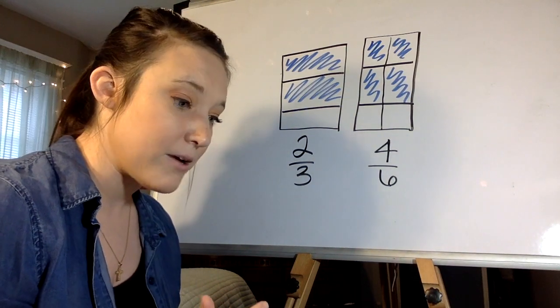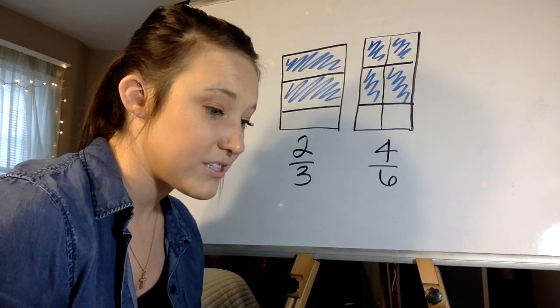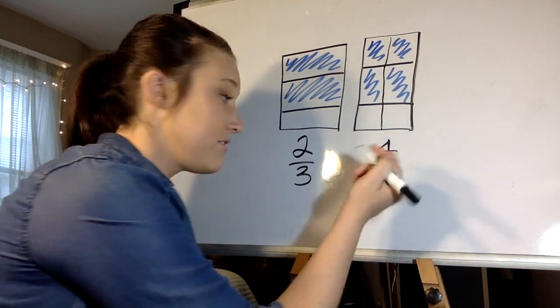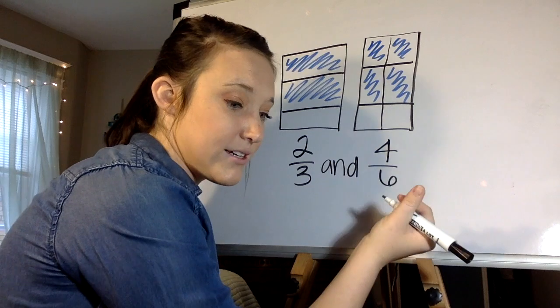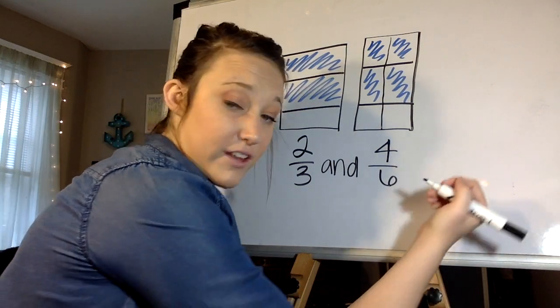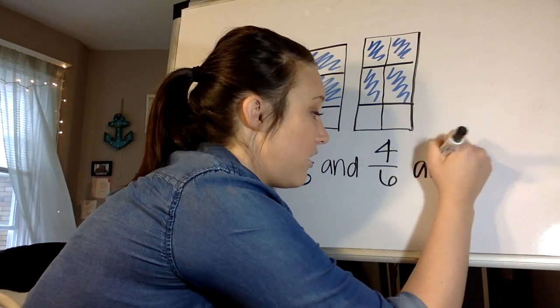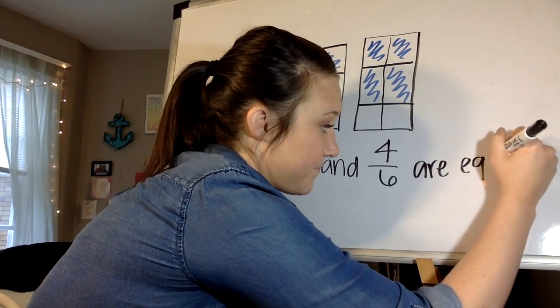So then at the bottom it says that 2/3 and 4/6, so I'll go ahead and make this sentence here, and 4/6 are equivalent fractions, so they are equivalent.